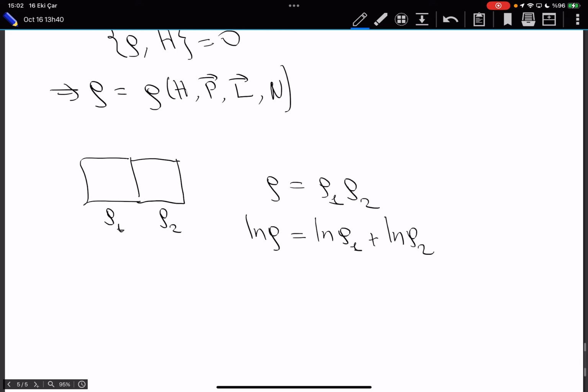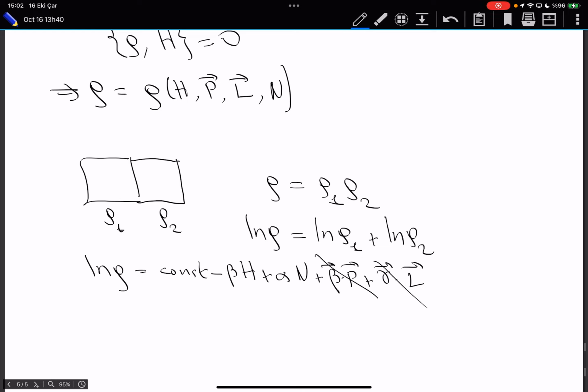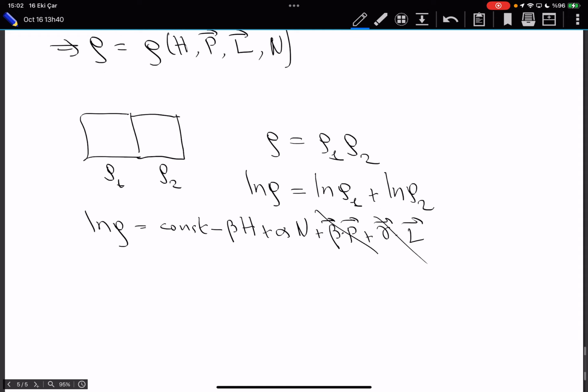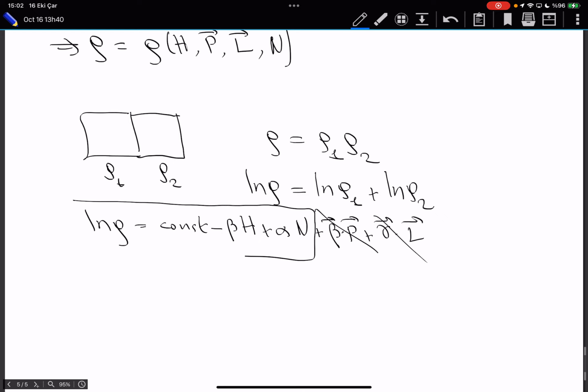So, in fact, logarithm of rho can be some constant minus beta times H plus alpha times N plus beta times P plus gamma times L. This is the most general form. And in fact, you can always go to a reference frame in which the linear momentum is 0, the angular momentum is 0. For these, we can just throw them away. We will be looking at our systems which are at rest and they are not rotating. This is the most general form of logarithm of rho.